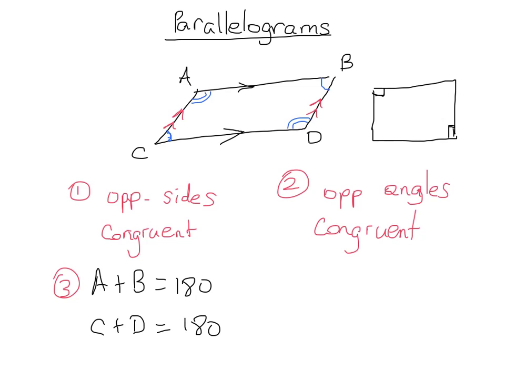We also know that consecutive angles are going to be supplementary, which means that this angle plus this angle has to add up to 180, which means that since this angle is 90, this angle is also 90 degrees.